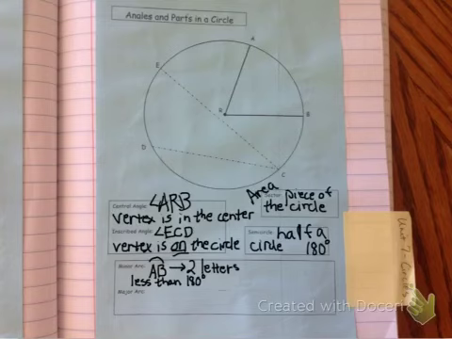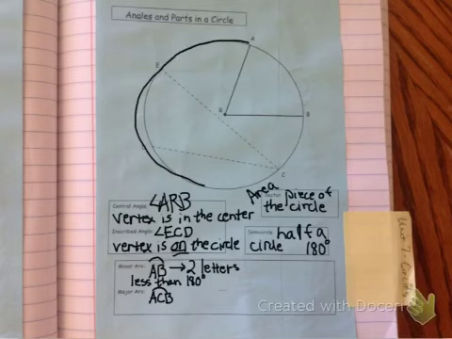A major arc is going to be more than 180 degrees, and we use 3 letters. So we use ACB to show that it's a major arc. So look at your circle. Let me just show you. Don't write this down with me, but we go A, C to B. Do you see how that ended up being more than half of our circle?